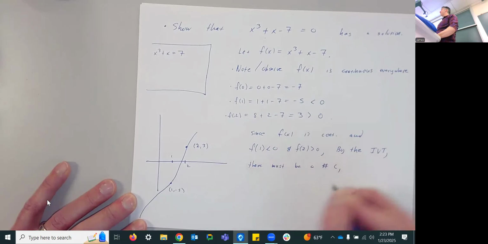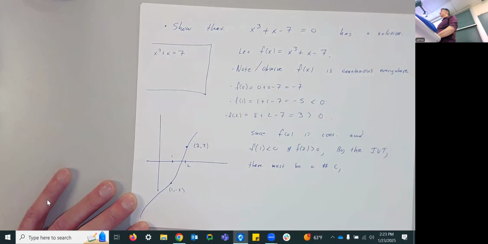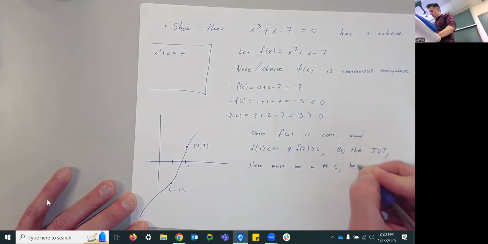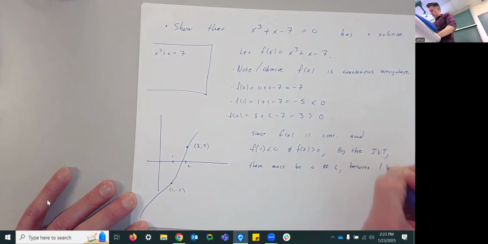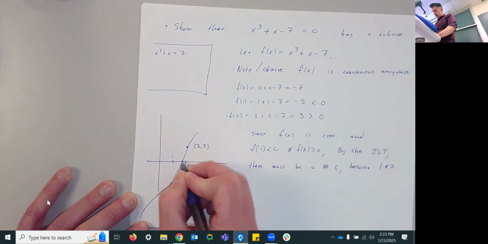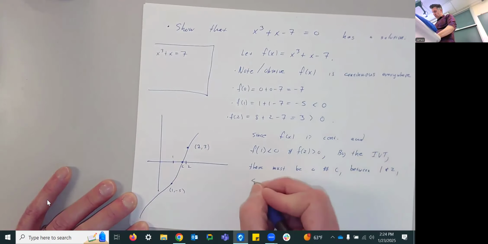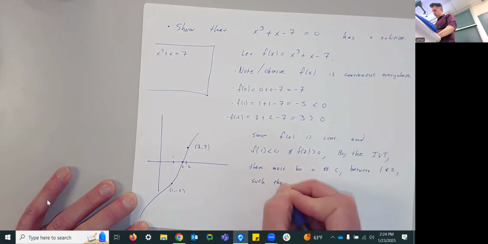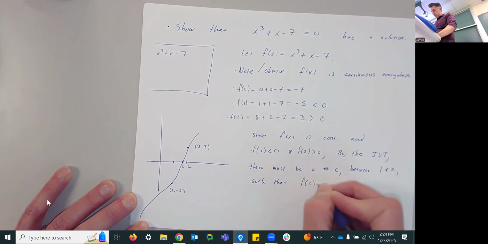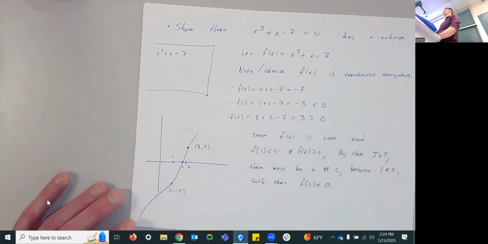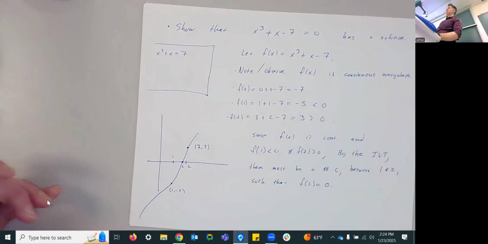Where does c have to live? Between what two numbers? Right, between 1 and 2. There's our c right there. Such that f of c is equal to 0. If you're bigger than 0 and less than 0, you have to be equal to 0 somewhere in between. And that's kind of the gist with the intermediate value theorem.